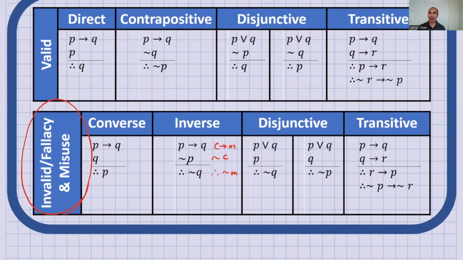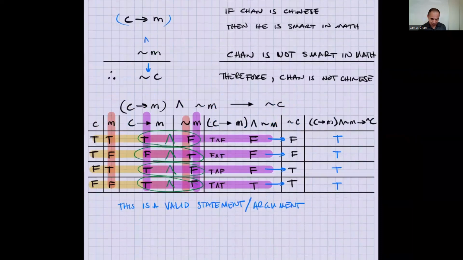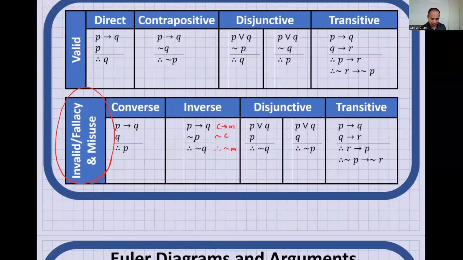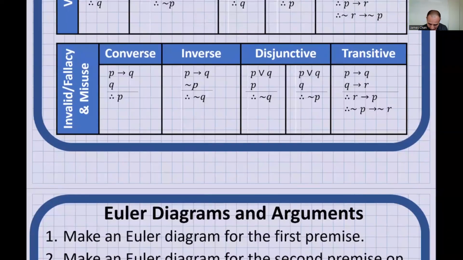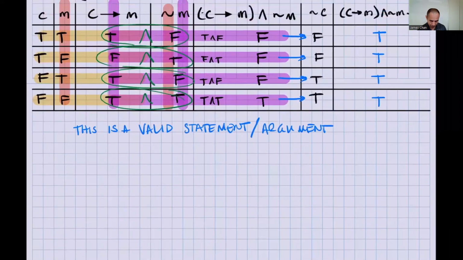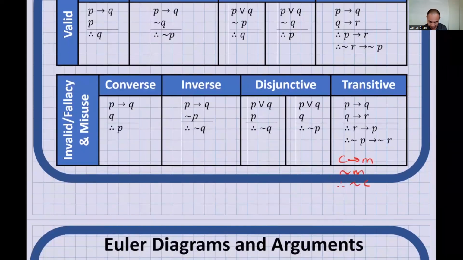Okay, so sometimes you have to compare closely to see it. You might have to actually rip off that cheat sheet and go, which one of these is it? Actually, is that what we had? No, we had the other way, sorry. So that's not the case. So we had this, let me write it out. We had C to M, we had not M, then not C. That's what we had, right? Yeah, not M, then, okay. So which one of these do we have?